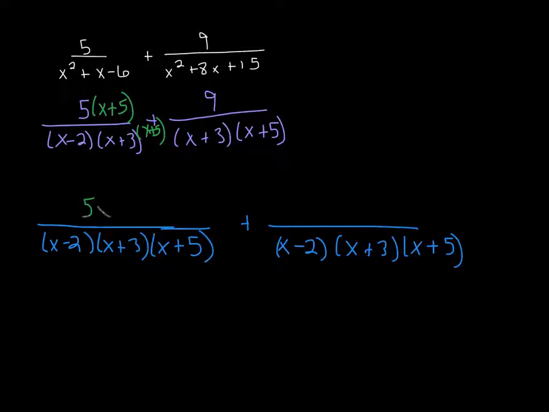So 5x plus 25. Then in the second fraction, we don't have an x minus 2 in the denominator. So we need to multiply this numerator by x minus 2. So 9x minus 18 after we distribute.